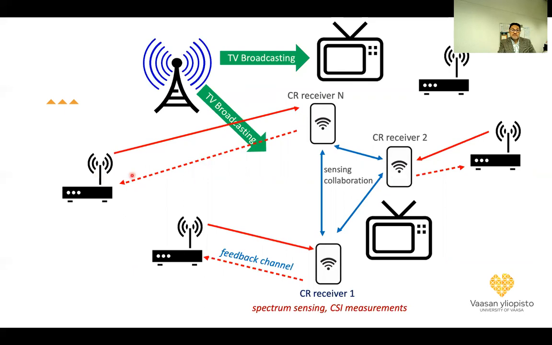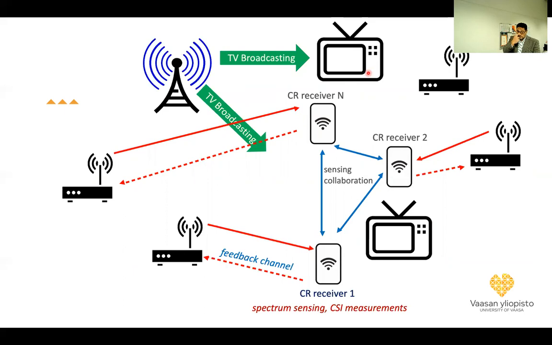So for example, we can use the same band to transmit data, for example for internet applications or for the Internet of Things, IoT, and so on. But it is critical that there shouldn't be any harmful interference. So we shouldn't have any interference for the TVs, for example.